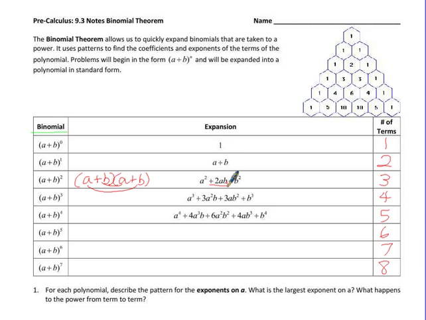A plus b to the third power is the previous answer times another a plus b. We could do this the long way, and that's the entire point, because we really don't want to.